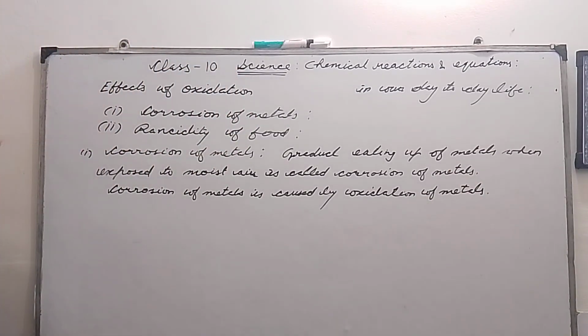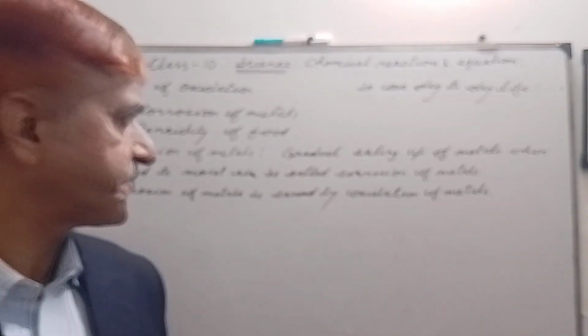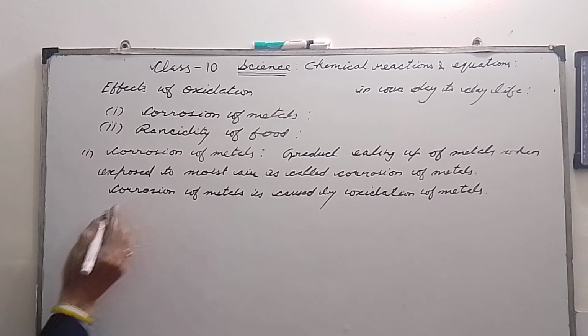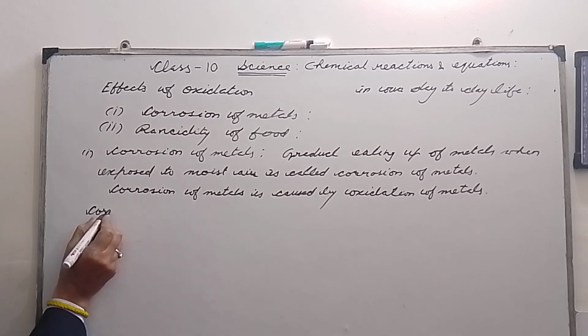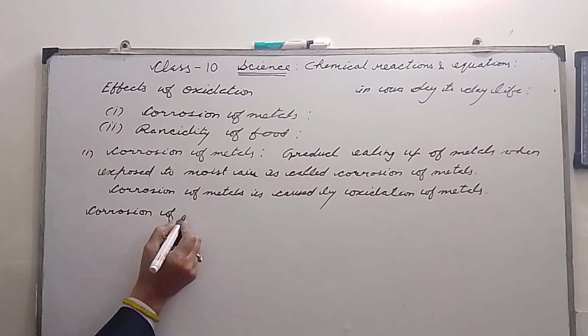So my dear students, whether it is rancidity of food or corrosion of metals, this is caused by oxidation of food or metals. Now we will study corrosion of iron.